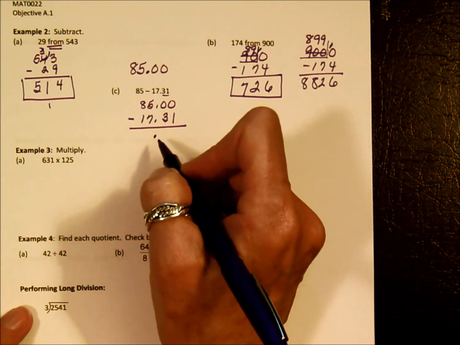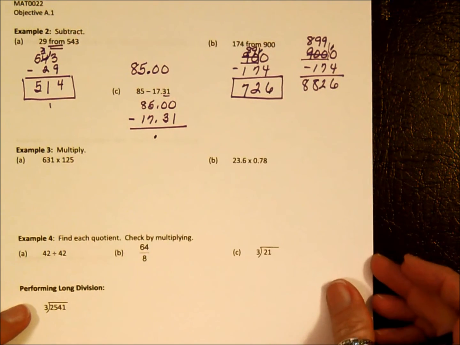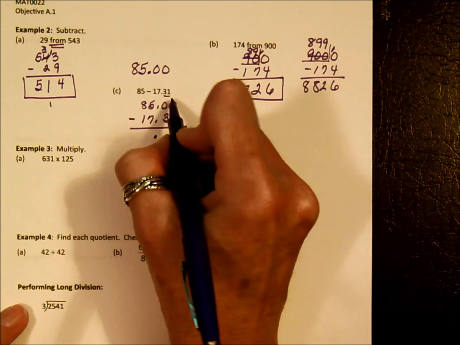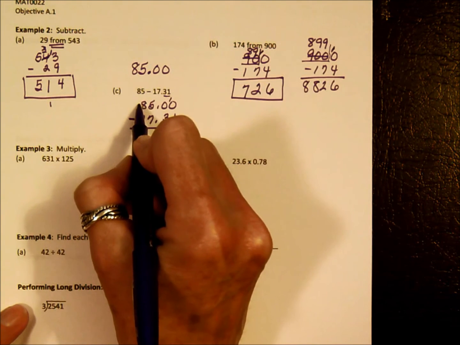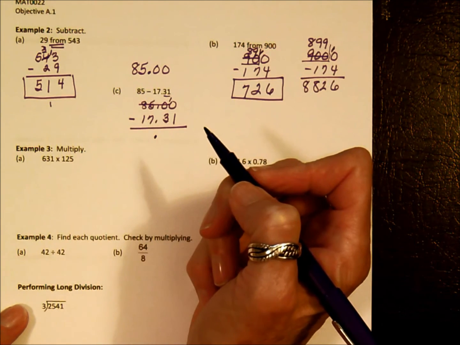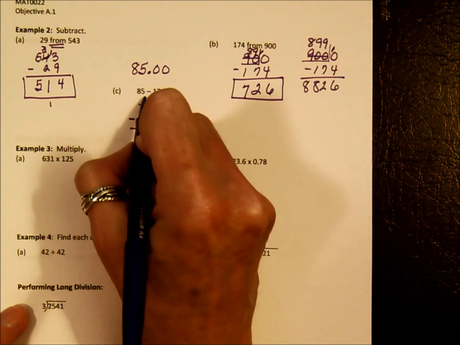So we're going to use that little 0 thing that I just showed you, where I'm going to make this a 10 and I'm going to subtract from 850, which is 849. You just go down 1.